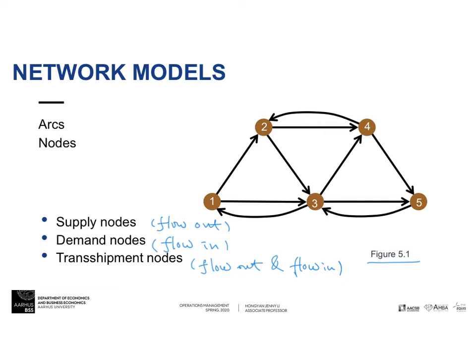One example for this type of network can be considered as a logistics network or transportation network. So all the nodes are the physical locations of the warehouses, the retailer shops or transshipment locations. Then all these arcs are the transportation routes or the driving routes of the vehicles.